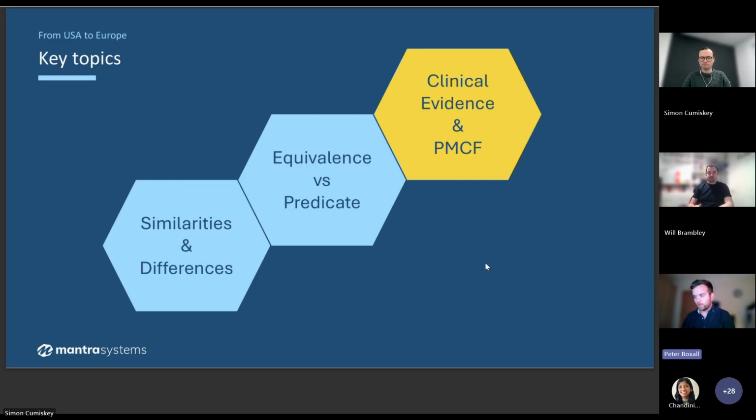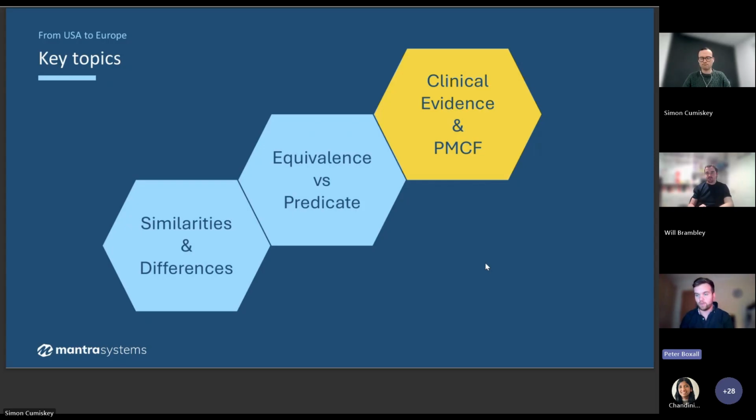An overarching theme, I think, is that it's important to be aware early of where you need to generate clinical evidence and have a good proactive plan for doing so and finding evidence. It means that you have a much more streamlined journey to demonstrating compliance with the EU MDR than scrambling last minute for any evidence.